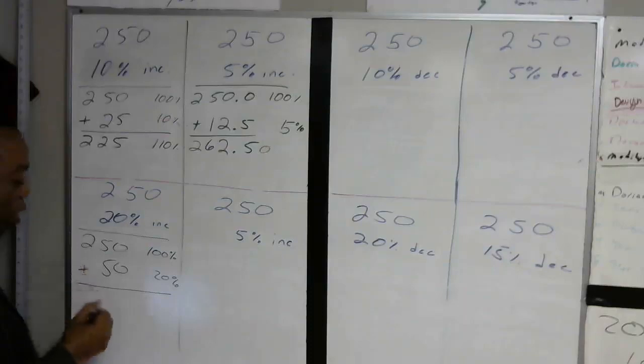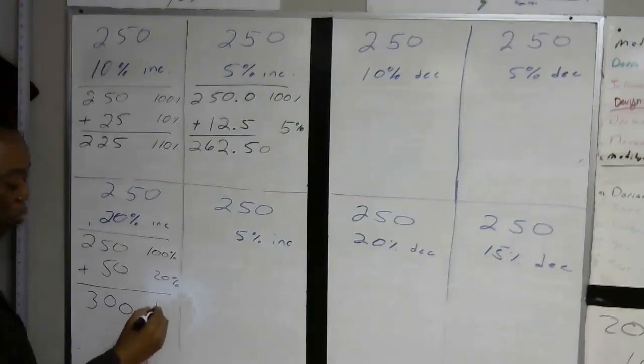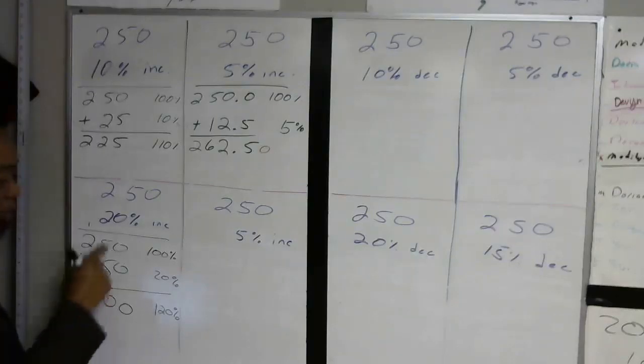So to make an increase, we're going to add these two. We get 0, 10, carry out 1, and this is 3. So 300 is 120% of the original 250. So that was a 20% increase.